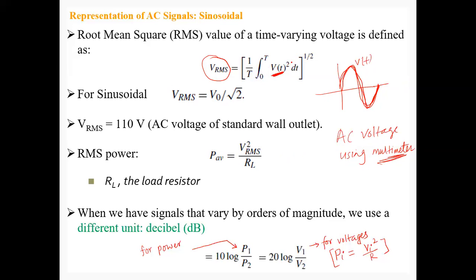Suppose you don't have the square and the square root. If you ignore these two, then what are you left with? You are left with 1/T, integral from 0 to T of V(t) dt. So this is just called the average, right?